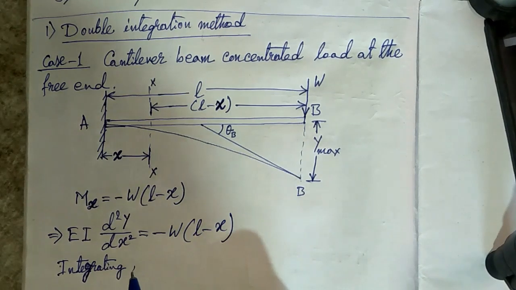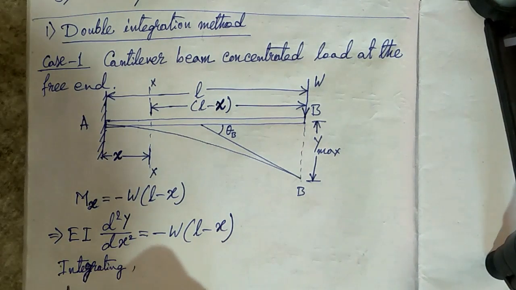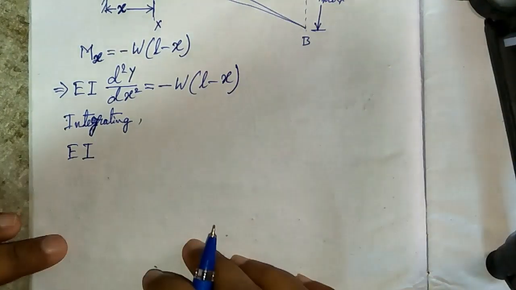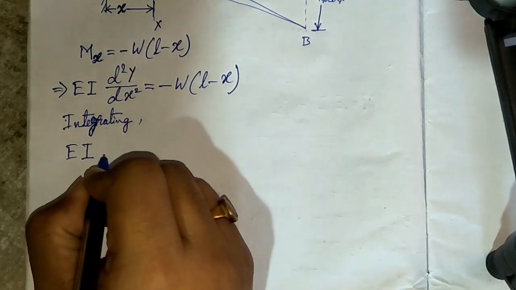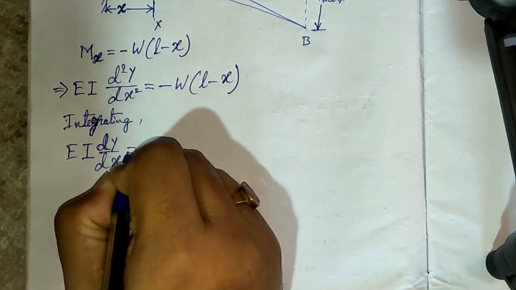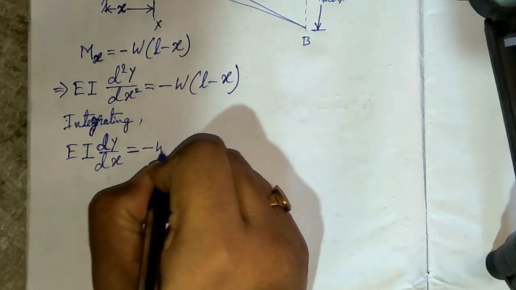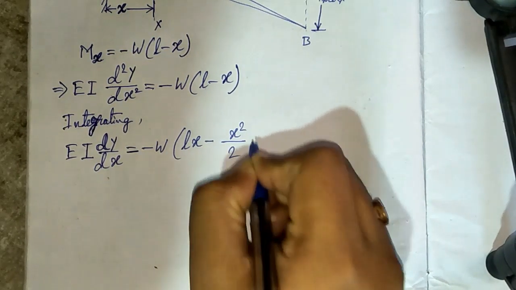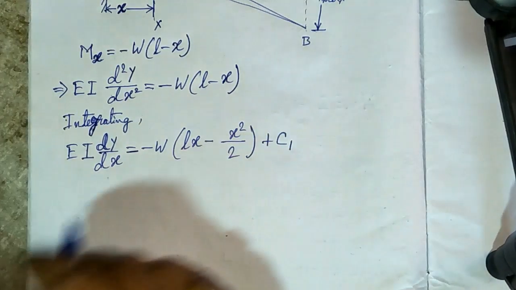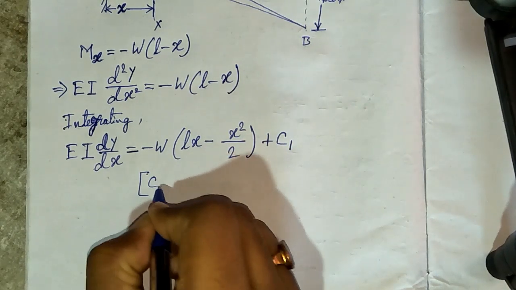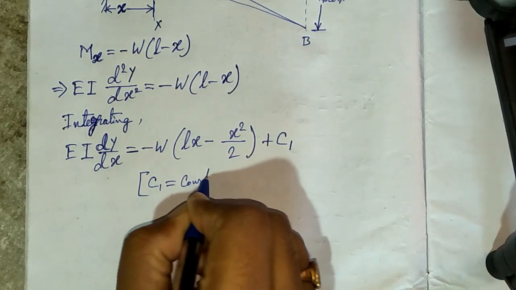By integrating we get EI dy dx equals minus W into Lx minus x square by 2, plus c1, where c1 is an arbitrary constant.